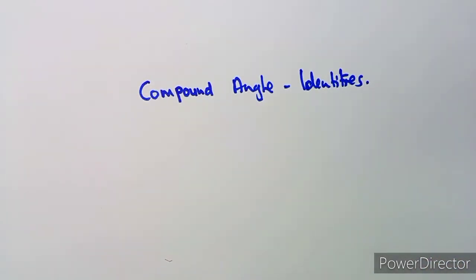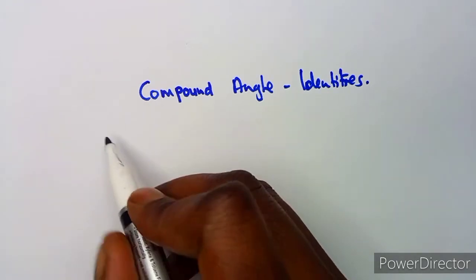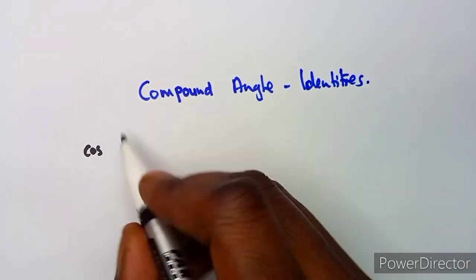Like I said, these are identities. I'm not proving these identities, I'm using them. So I'm just going to write them down and show you how to use them.